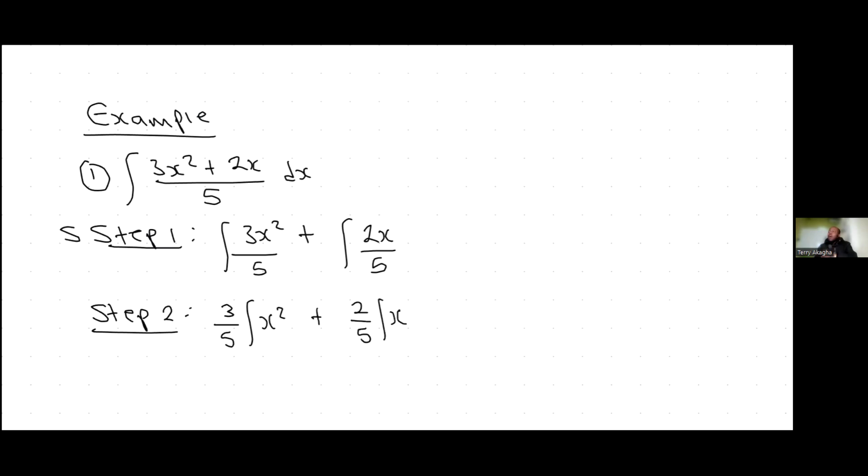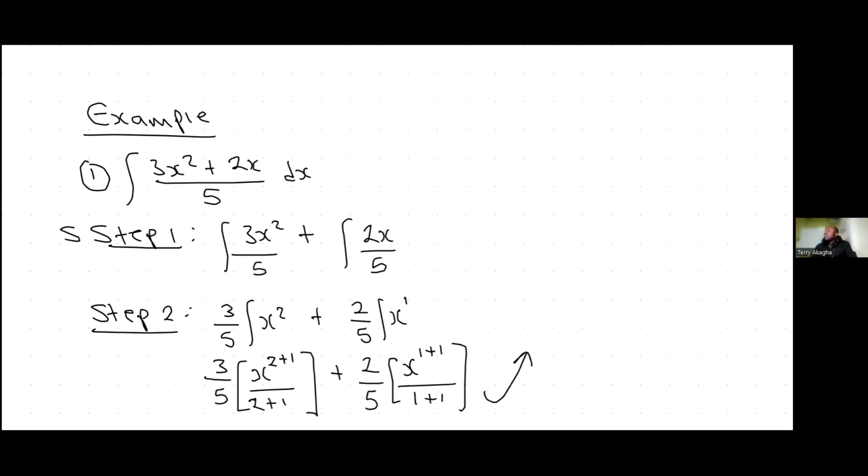Then we can apply the power rule to solve this. So it's going to be 3/5 into bracket x to the 2 plus 1 divided by 2 plus 1. So you add 1 to the power and divide by the new power. And 2/5: you know that there's an invisible 1 here, so it's going to become x to the 1 plus 1 divided by 1 plus 1.